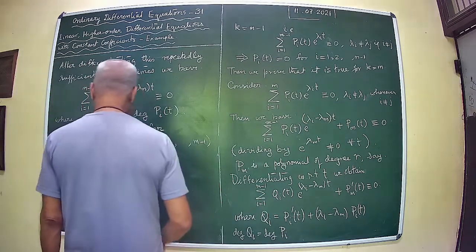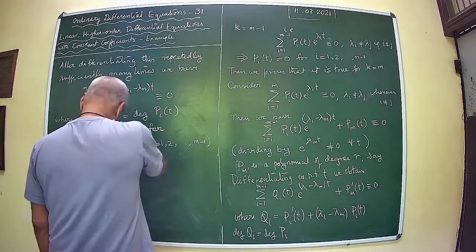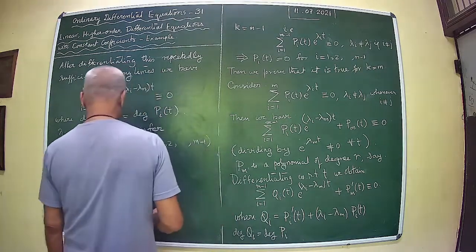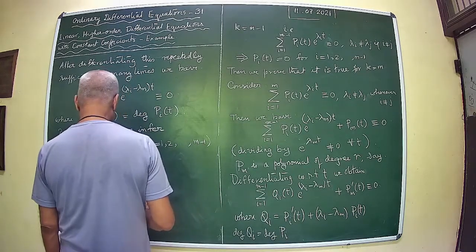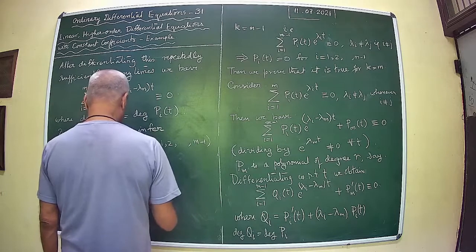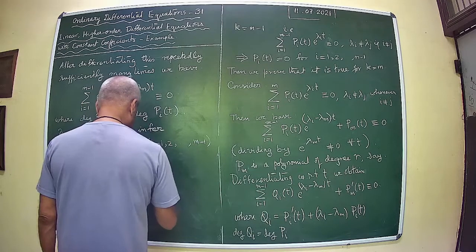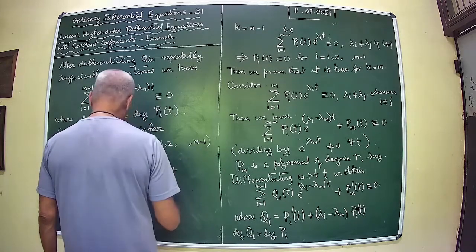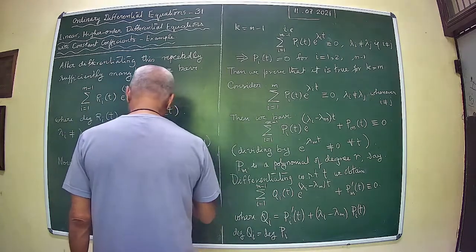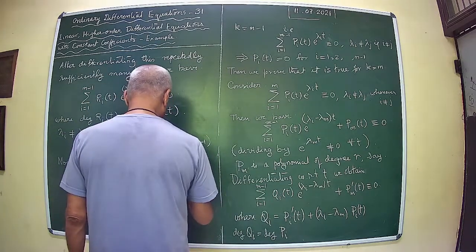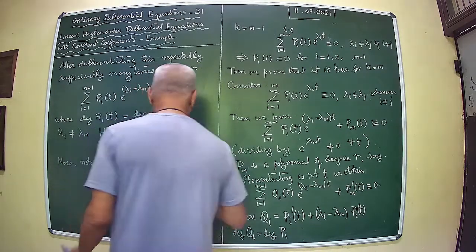This is equal to, what do you get if you differentiate it? Lambda into p t plus p derivative of t, times e to the power lambda t.